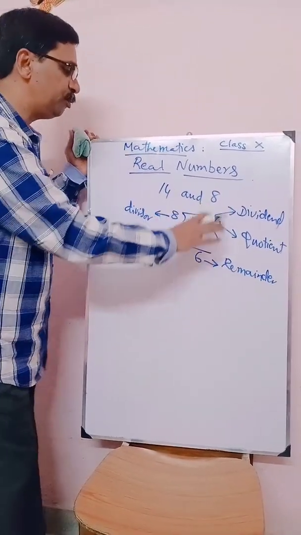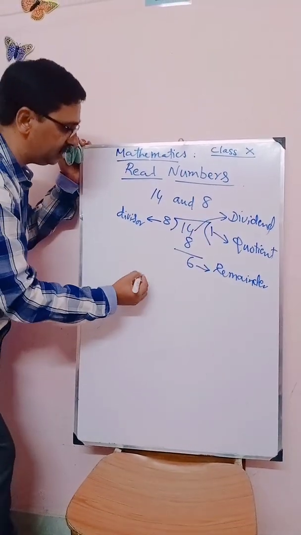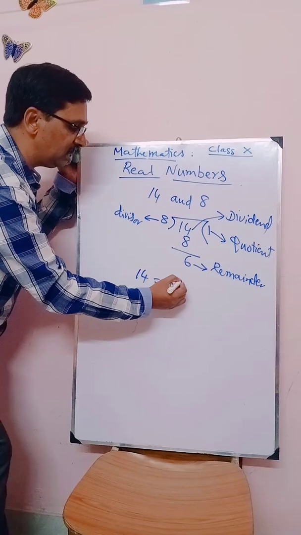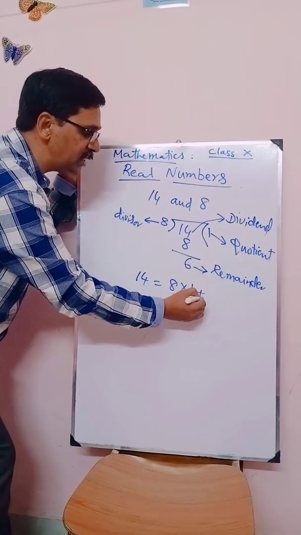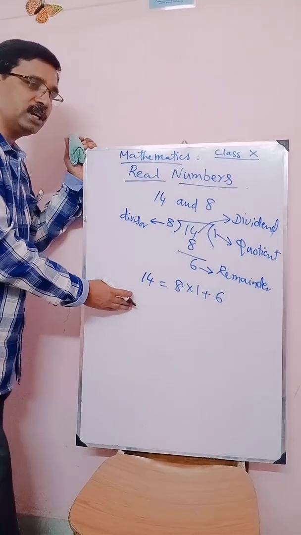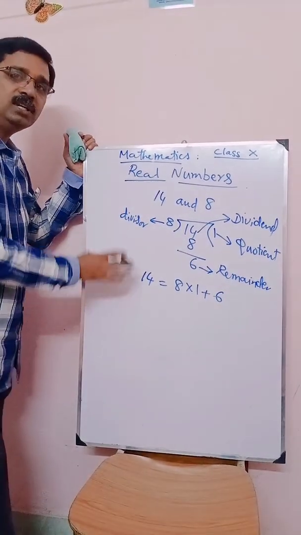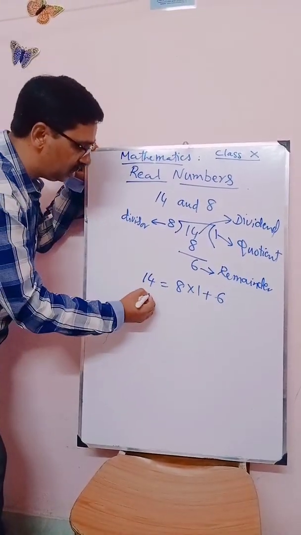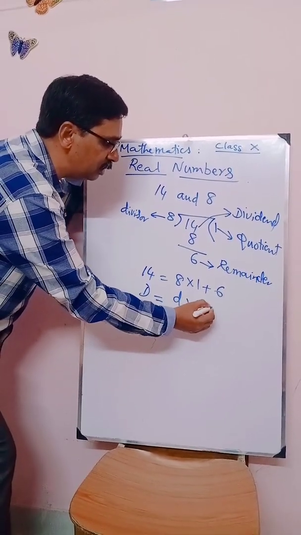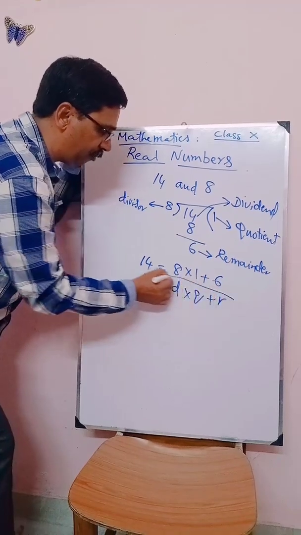So we can project this particular fact this way: dividend is equal to divisor into quotient plus remainder. Right? This is what we learned in the lower classes, called the division algorithm. That is, dividend is equal to divisor into quotient plus remainder.